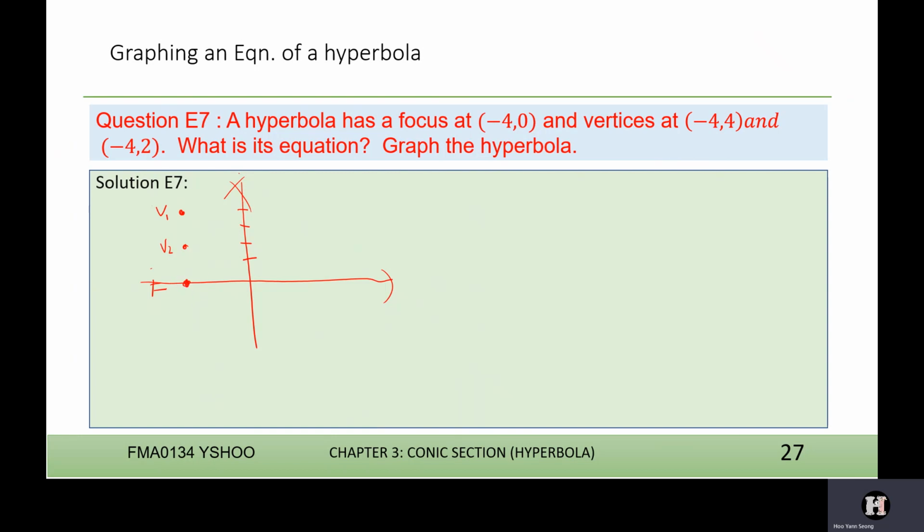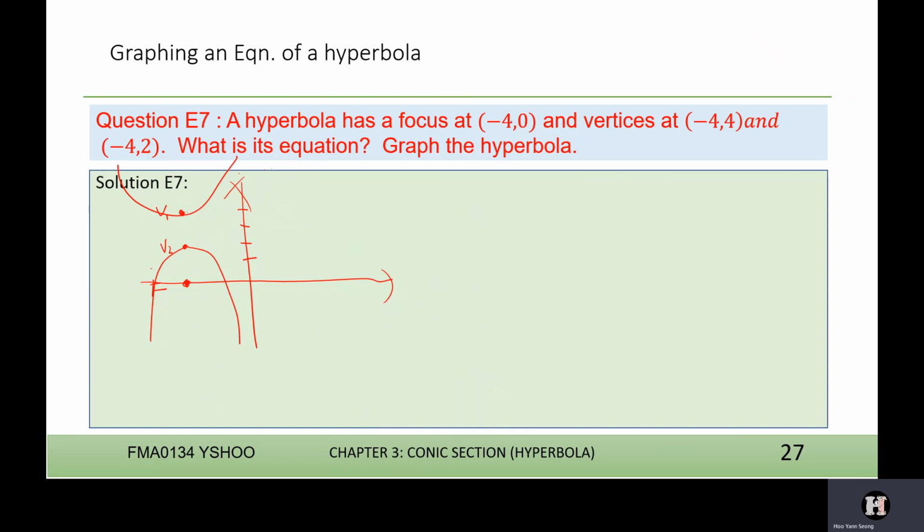Since you already know that you only have 2 types of hyperbola, either vertical or horizontal, if they fall into one line which is parallel to your y-axis, that means your hyperbola must be up down. It is impossible for it to be left right, because the vertices are the points your hyperbola must pass through.